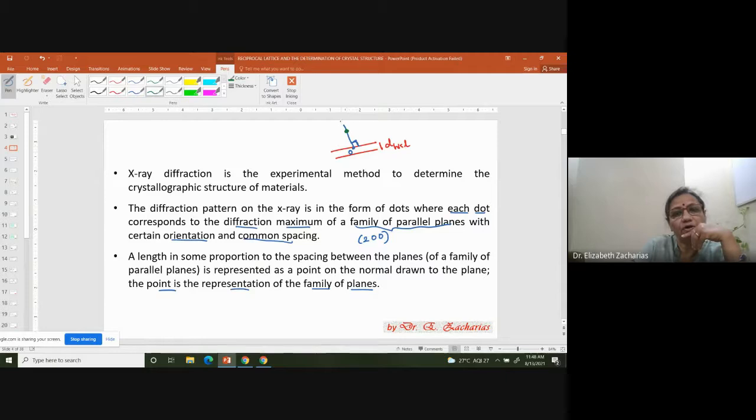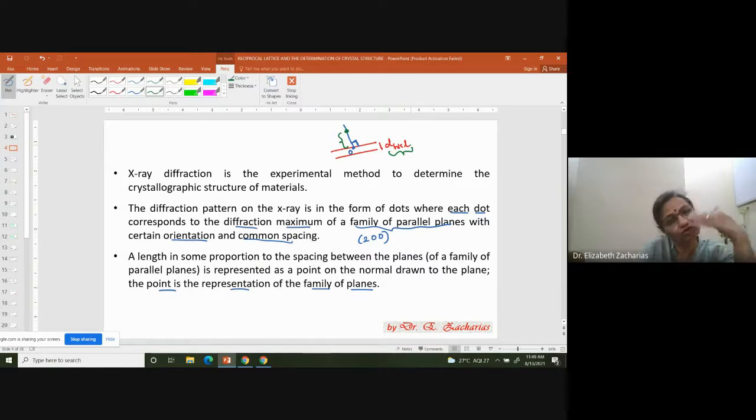It is a point on the perpendicular bisector, and the location of this point from the origin is related to d.